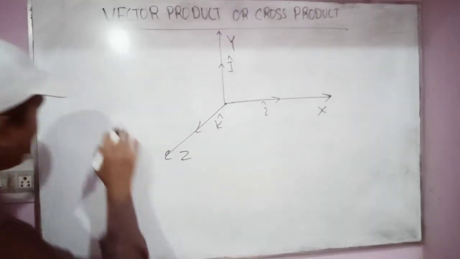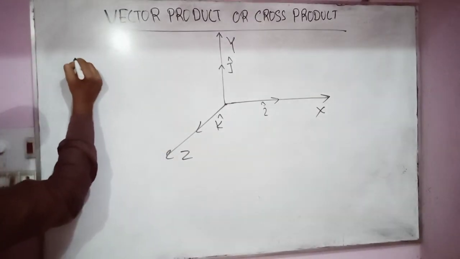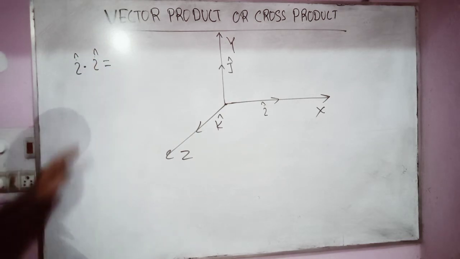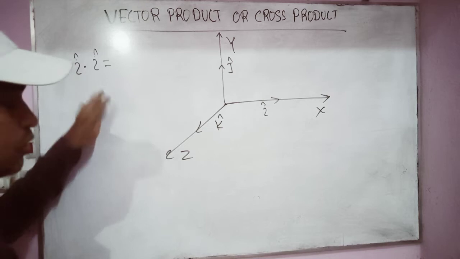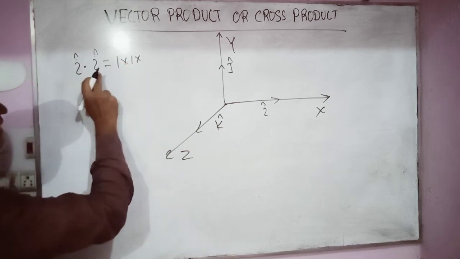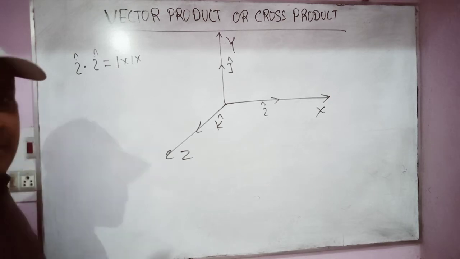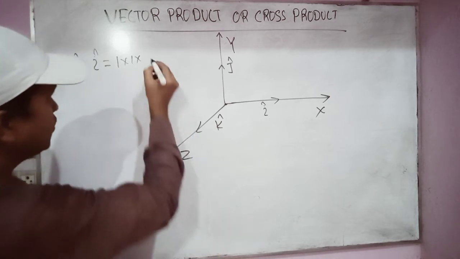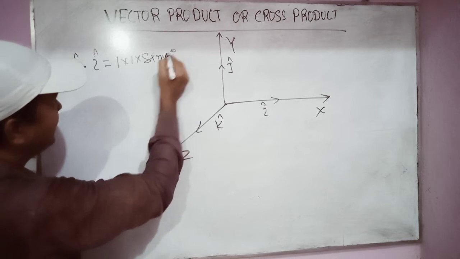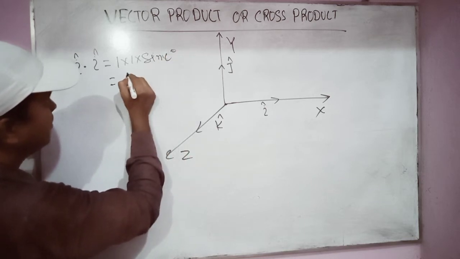Now we will find what is i cap cross i cap. See, both have magnitude 1, so their magnitude is 1 into 1, and since these are the same vectors, the angle between them is 0 degrees, so sin 0 degrees, and this is equal to a 0 vector.